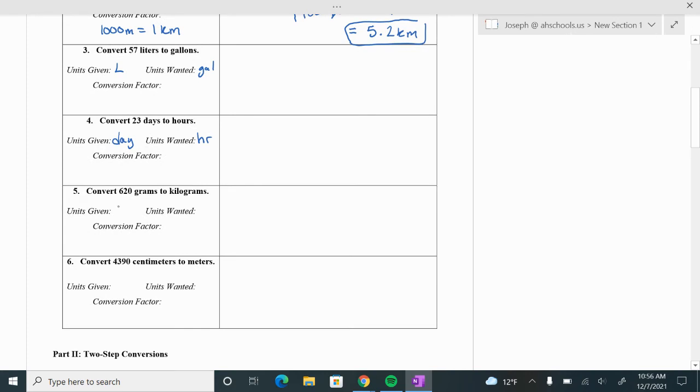Number 5, convert 620 grams to kilograms. We're given grams, and we want kilograms at the end. If you have any questions on what units you were given or what units you want, please go back and check the slides or watch that other video. That should help you out.